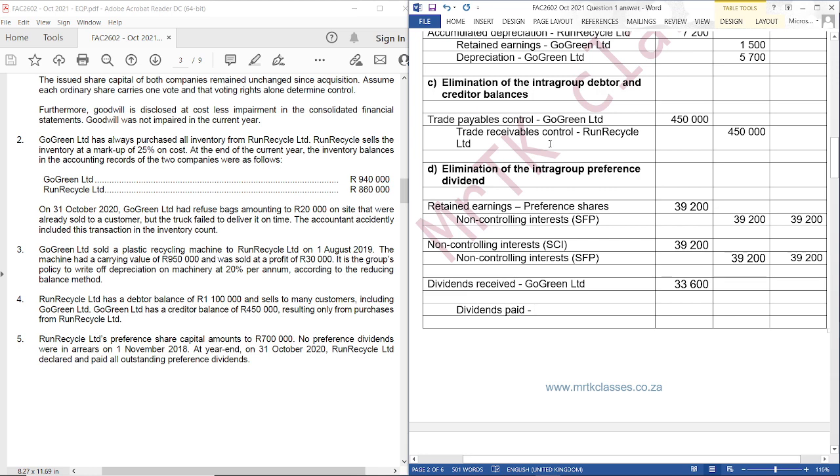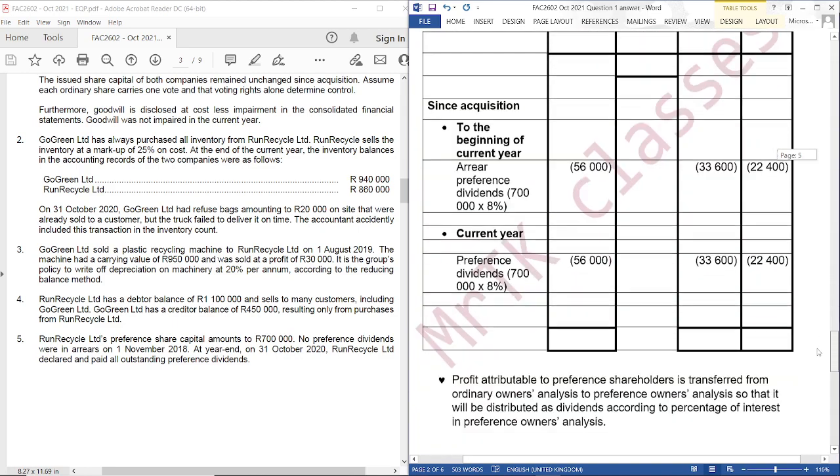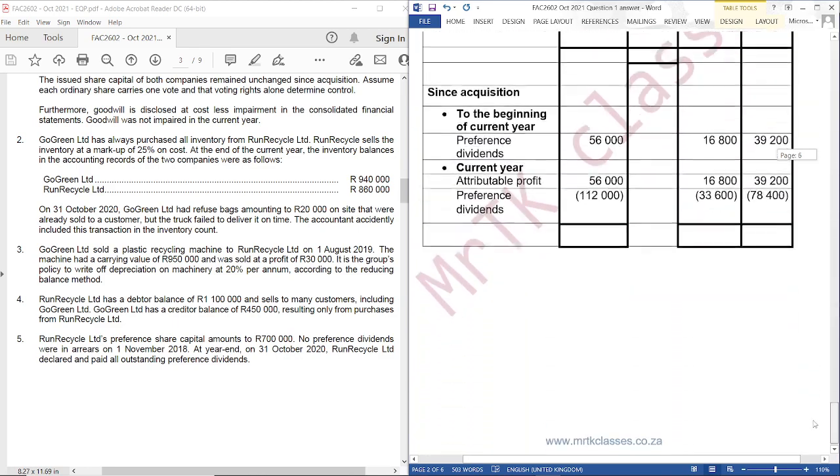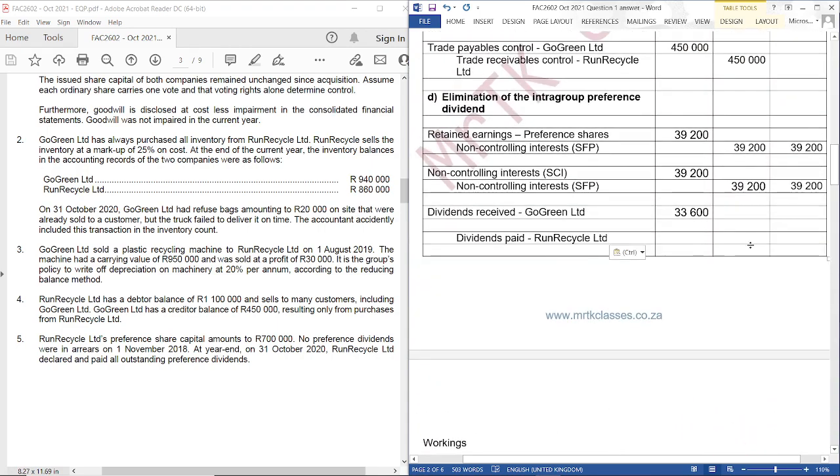Run Recycle Limited paid a total of 112,000. So we are going to come here. They paid a total of 112,000.